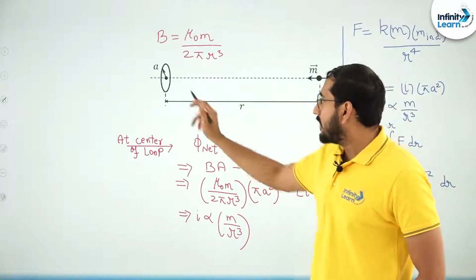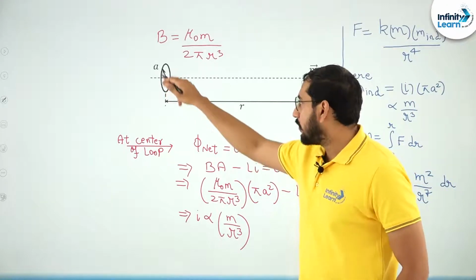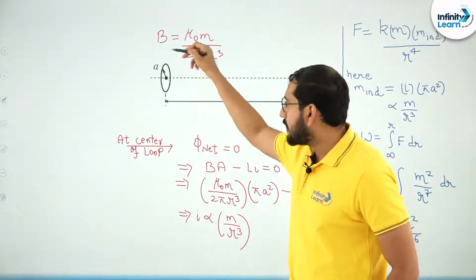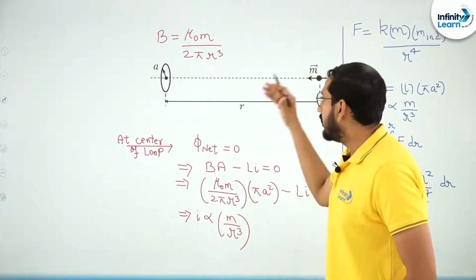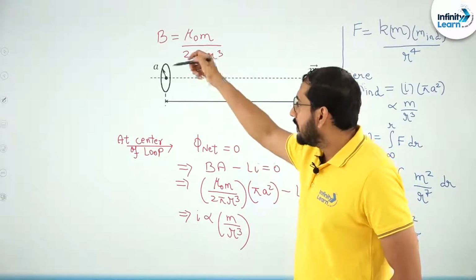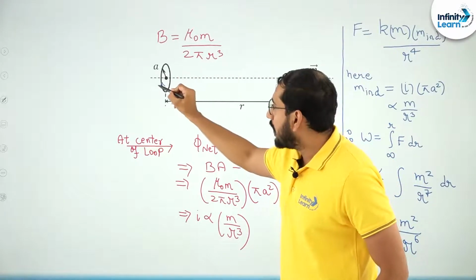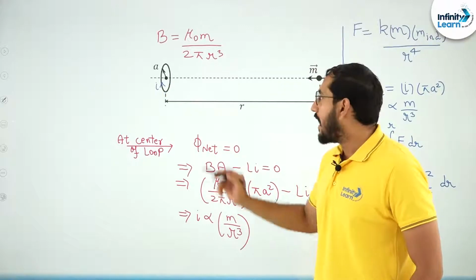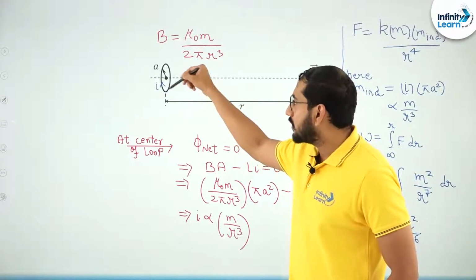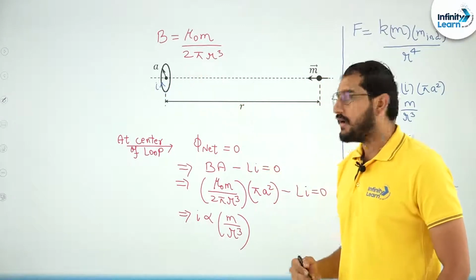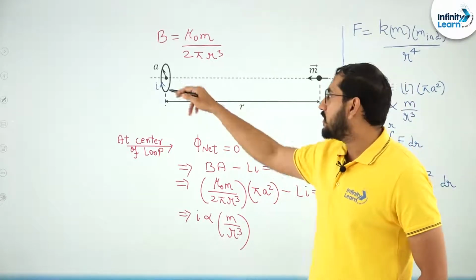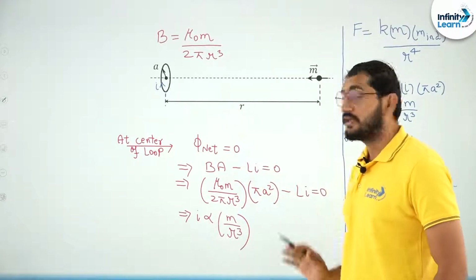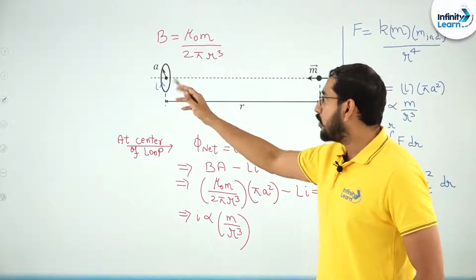Okay, now at the center of this loop, because this loop is made up of a very special material, it will resist all the changes in such a way that the value of current I on this loop will come in such a way that there will be no change of flux occurring through this loop. Alright, so what I can say is that the net change of flux across this loop is going to be 0.